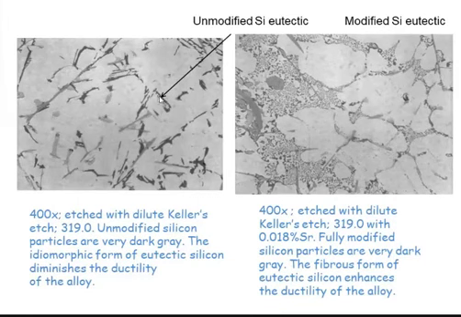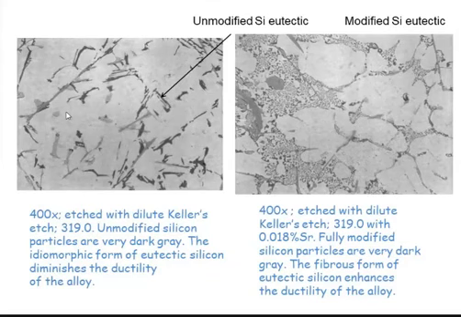Remember that due to modification, ductility and toughness are enhanced, whereas the sharp, idiomorphic form of eutectic silicon influences the ductility of the alloy: ductility decreases and it becomes brittle.